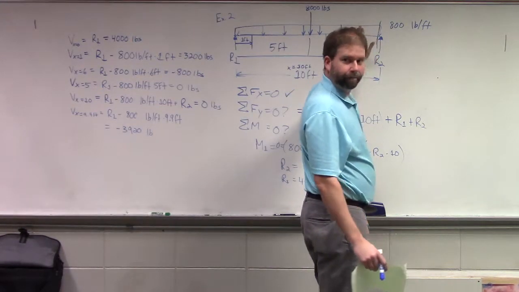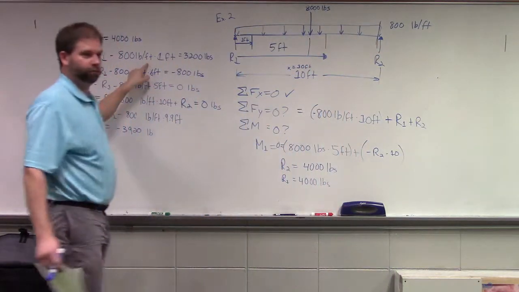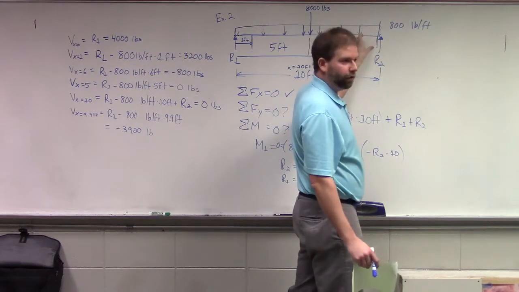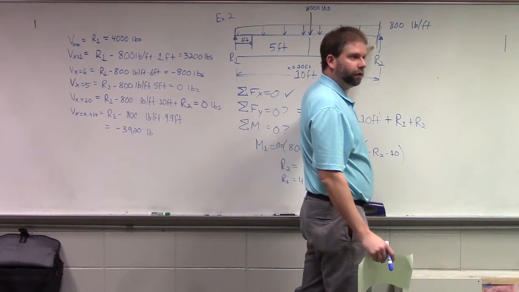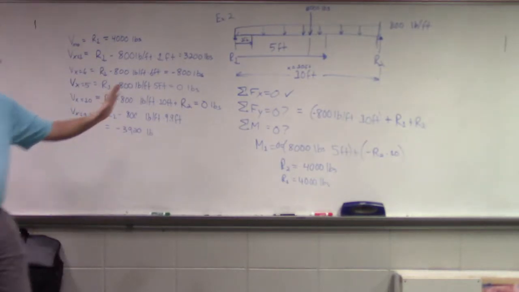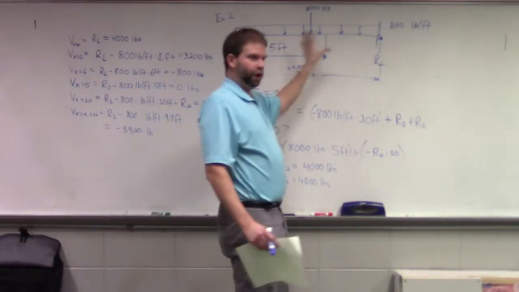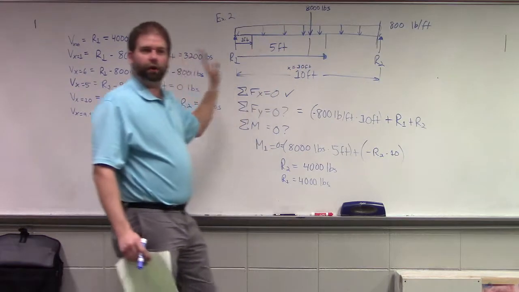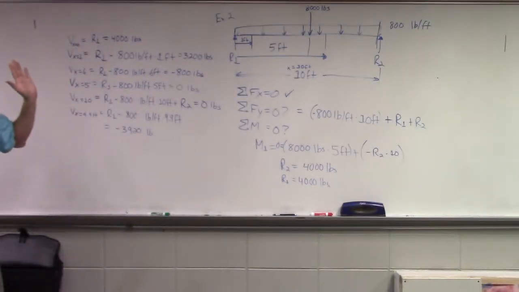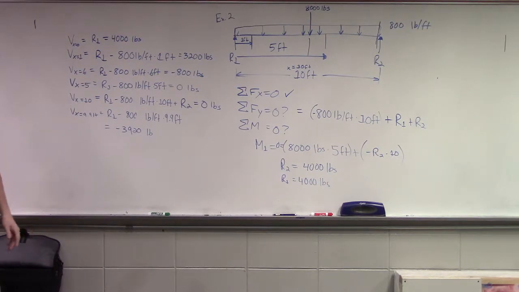You're going to have 3,200 pounds, because you'll have your reaction at 4,000, and you'll pick up 800 pounds per foot, okay? So as long as you're analyzing the same load distribution and you don't change any of the dimensions on the beam, regardless of if you investigate left to right or right to left, you will get the same answer, okay?